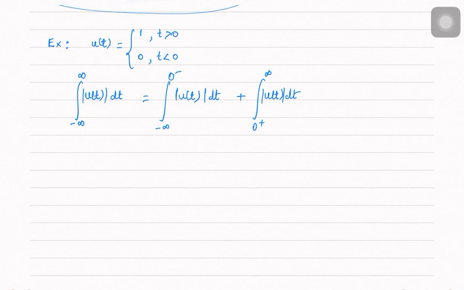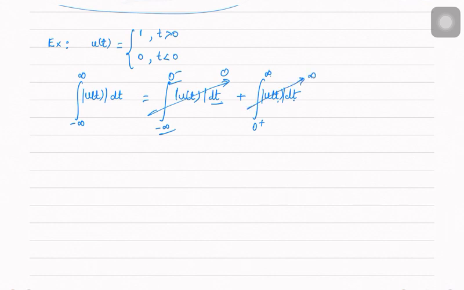For t varying between minus infinity and 0, this integral is 0 because u of t is 0, and for t greater than 0 it is 1. When you integrate 1 with respect to t, you get t. If you apply the limits, you get infinity minus 0, which is obviously infinity.